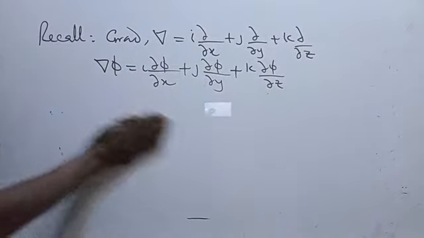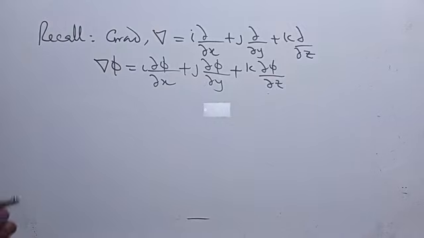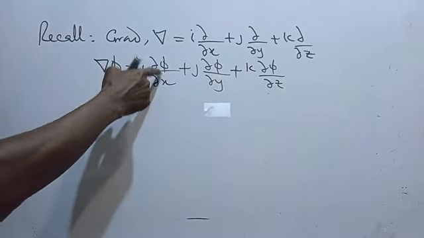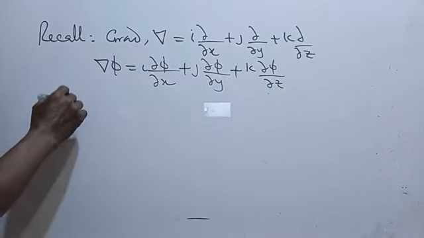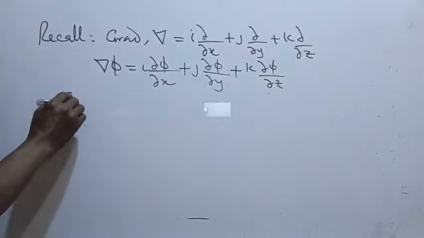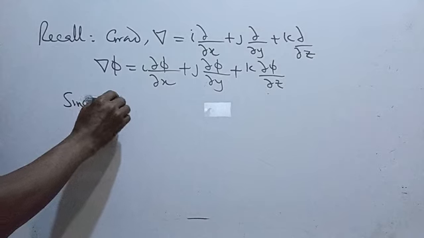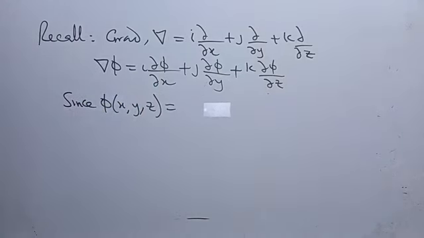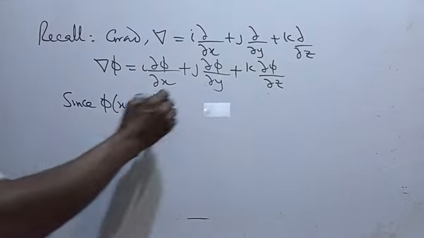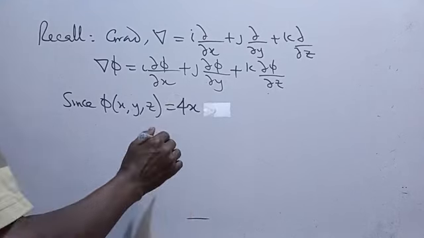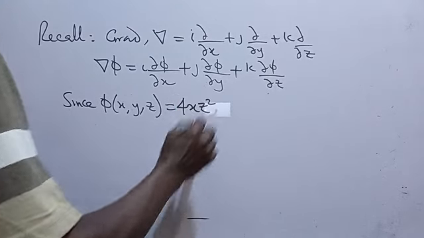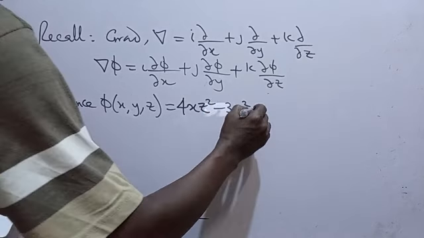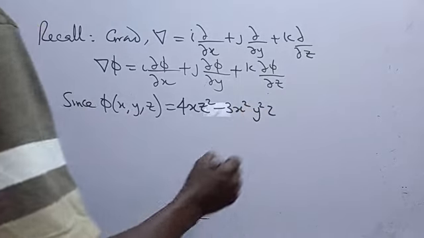Now, what follows? We have our phi given as, since phi of x, y, z is given, let's get the value of phi as 4xz squared minus 3x squared y squared z.